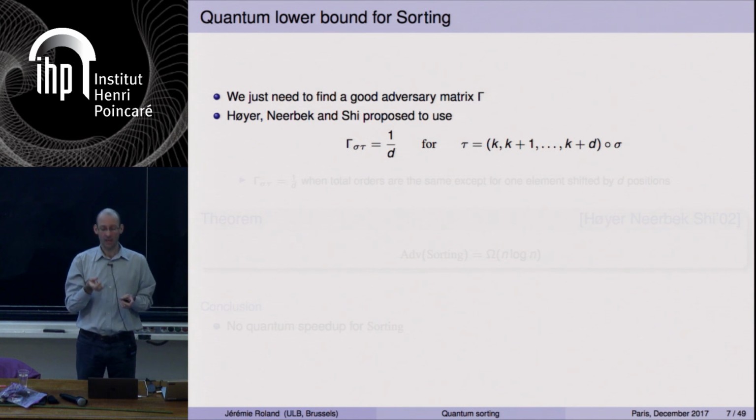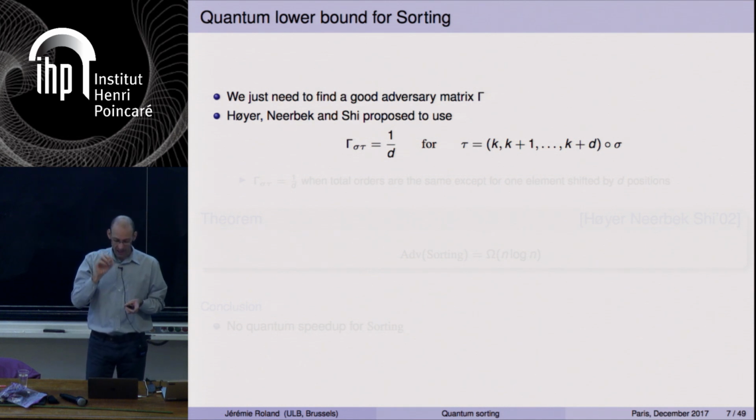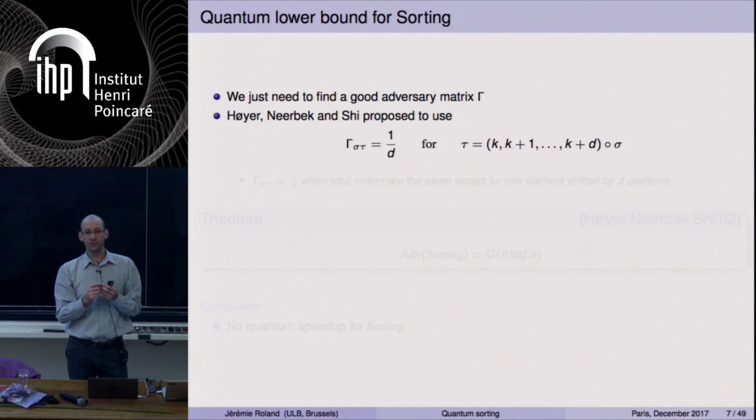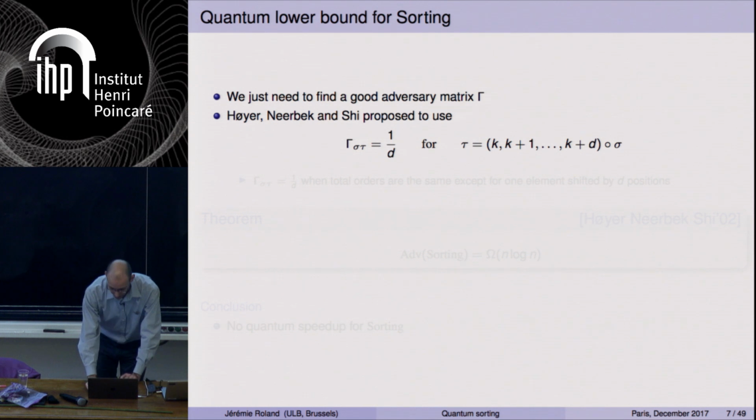It's an adversary matrix where the element for line sigma and column tau is given by 1 over d if tau is related to sigma by this relation. What does this mean? It means that tau is the same as applying permutation sigma, followed by a cyclic permutation of d plus 1 elements. So whenever sigma and tau have this relation, there is 1 over d in the matrix gamma.